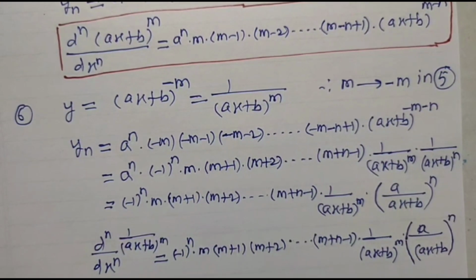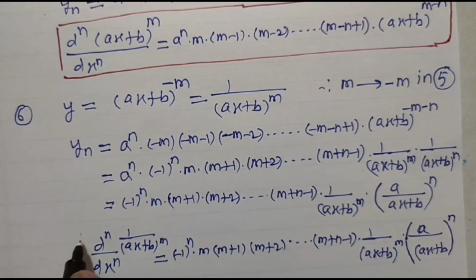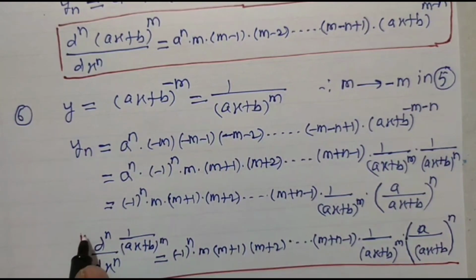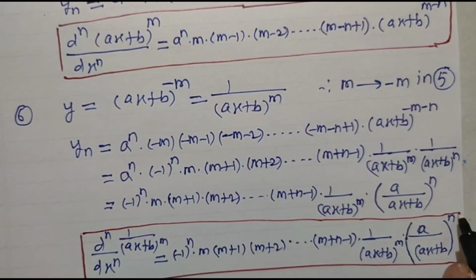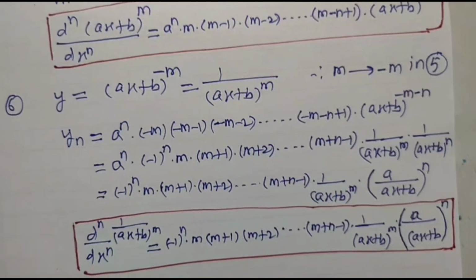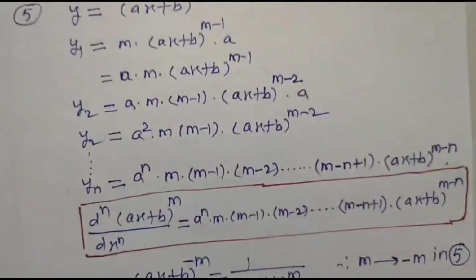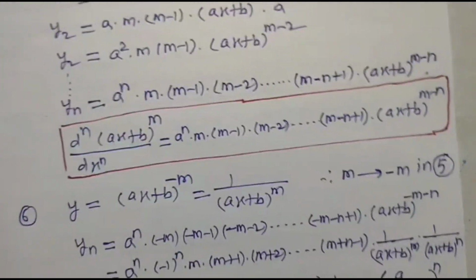And now you have to remember this formula as a standard formula, the nth derivative of 1 upon (ax plus b) to the power m. Using formula number 5, we have proved formula number 6.